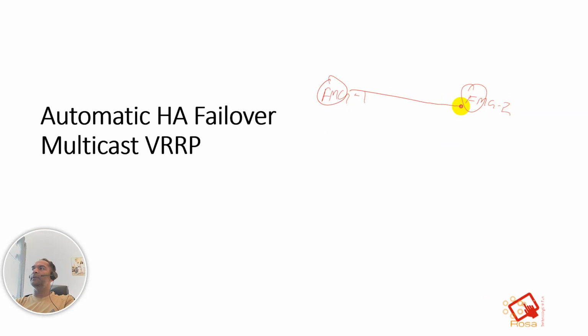Both of these FMGs will be talking to each other using VRRP multicast, and they will be using a communication port or VRRP interface, let's say port 2, and there will be a virtual interface.